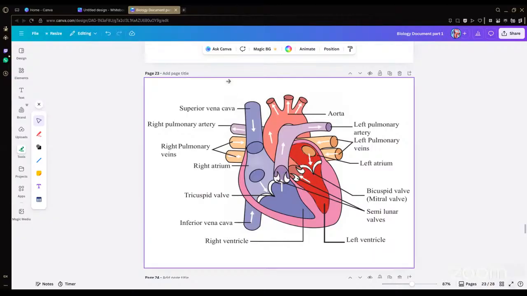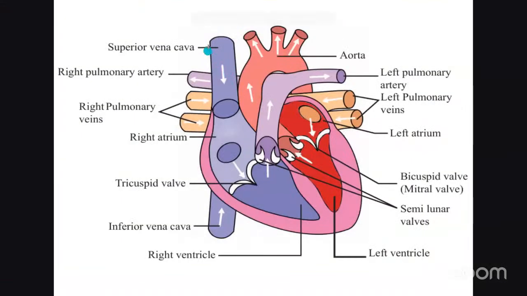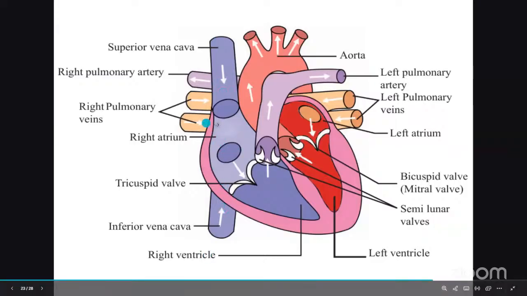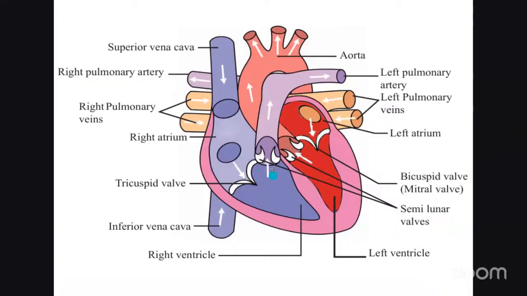I hope now it's clear, right? So deoxygenated blood coming from the superior vena cava and inferior vena cava comes to the right atrium, then goes to the ventricle, and from there deoxygenated blood is sent to the lungs through the left and right pulmonary arteries. Then oxygenated blood comes from the lungs through the pulmonary veins into the left atrium, then goes through the semilunar valves and goes outside from the aorta. So I hope this whole confusion is clear now.